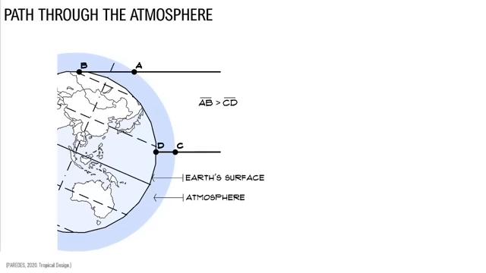So that means the light traveling from C to D passes through less atmosphere than the light traveling from A to B. So the amount of radiation is reduced because the atmosphere absorbs some of that radiation. That is why when you're on the north or south pole, it is actually much colder.